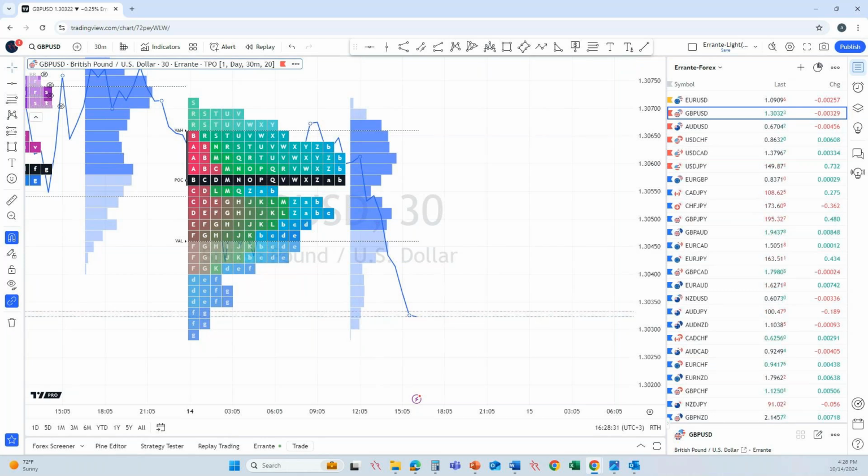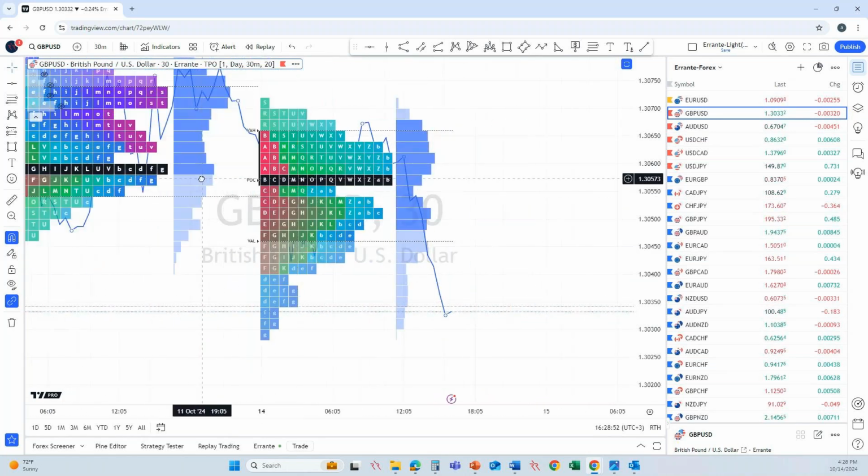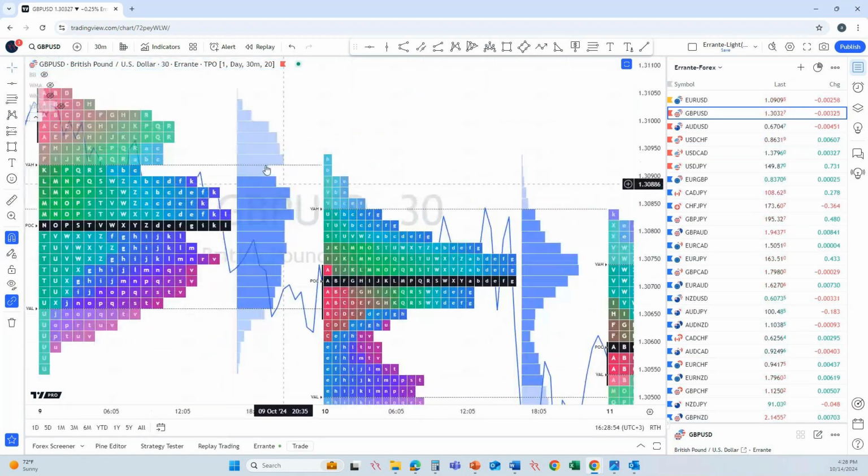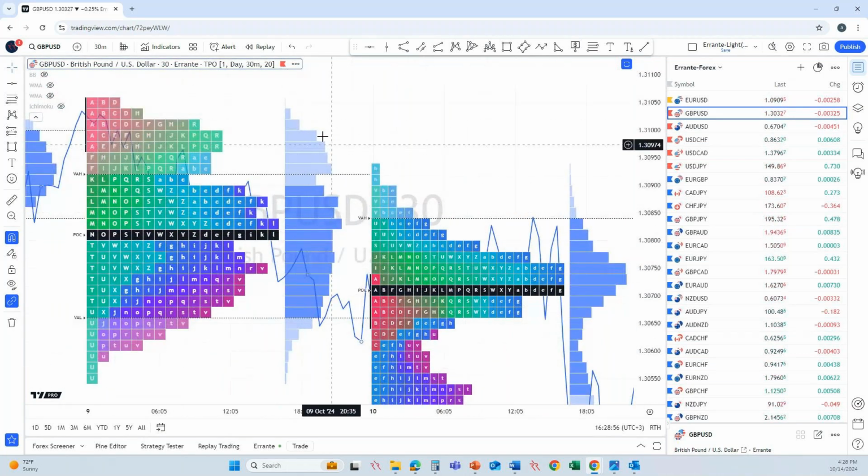So let's talk about this distribution in more detail, because it's really interesting, because the TPO chart creates a distribution profile. As I said, we have a D-shaped profile. The profile in this chart, for example, here you see, looks somewhat like a D shape. Yeah, this is a much better visualization of that. It indicates a balanced market.